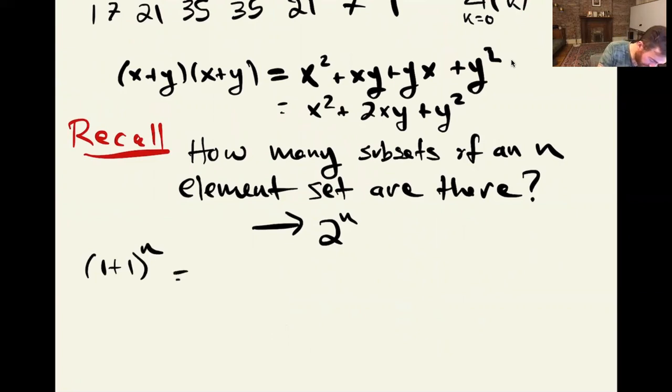And so if I look at how this formula works, thinking of 1, this first one is x, and the second one is y.